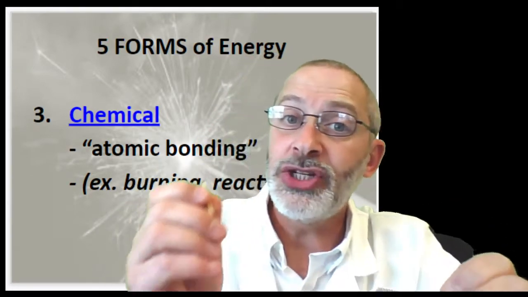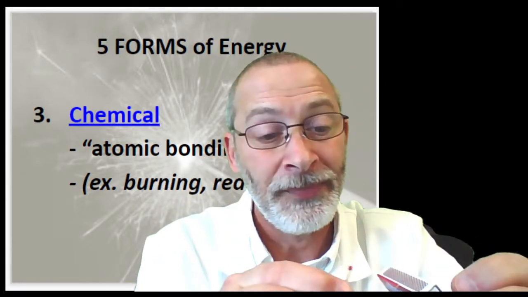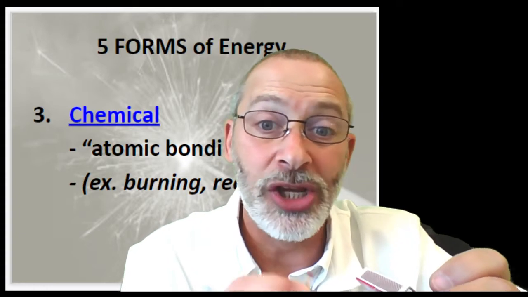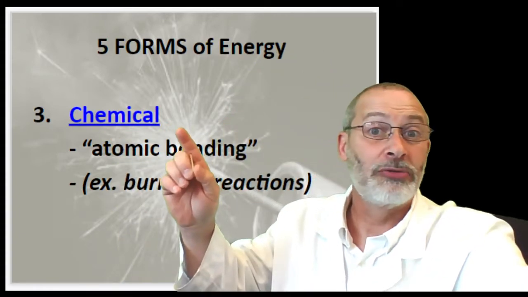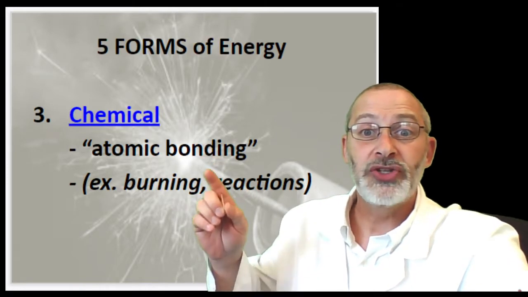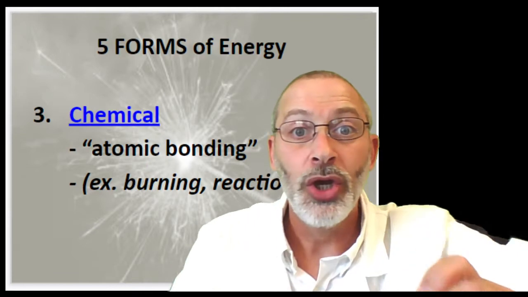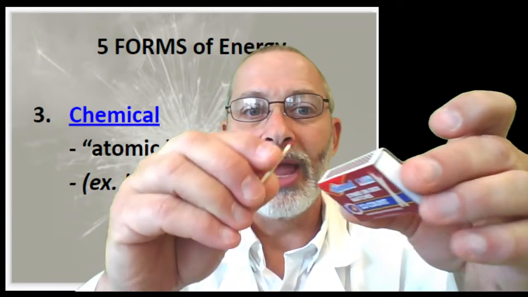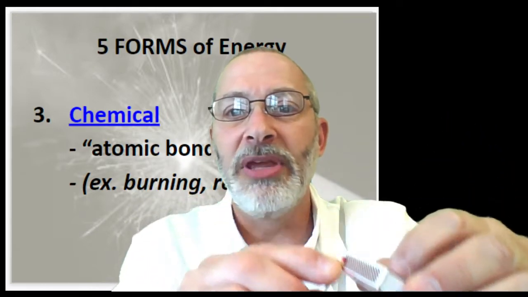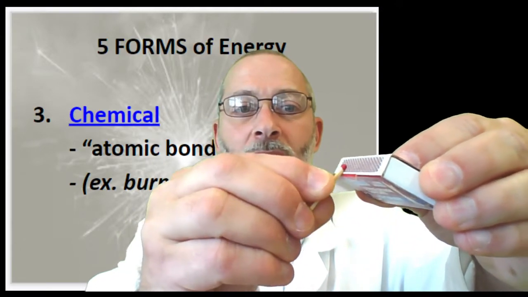And when it reaches a critical point, that heat energy causes a chemical reaction, which results in the release of chemical energy. Would you like to see it, by the way? Ready? Give me a 3, 2, 1 countdown, everybody. 3, 2, 1.